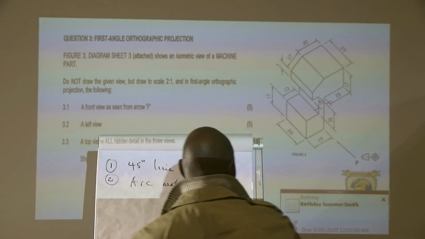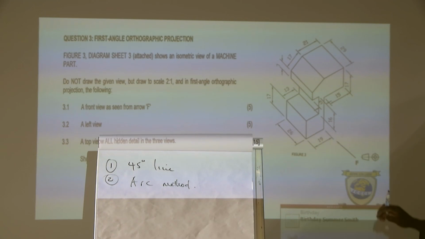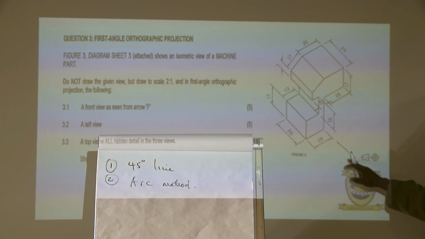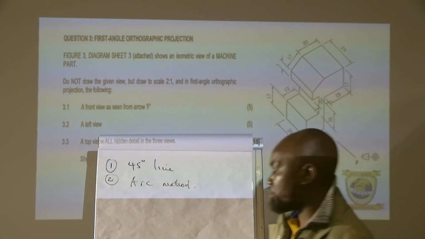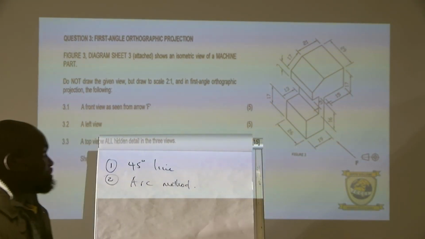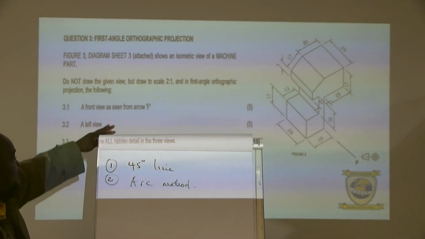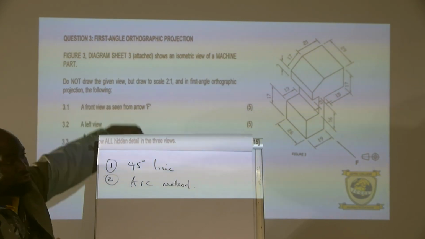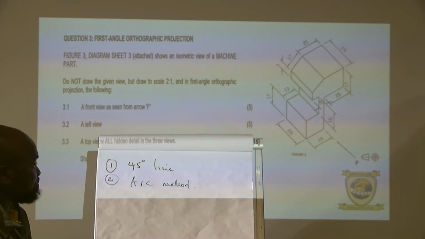That's one thing that we need to decide on, which to use. Then if you look at the orthographic symbol that we are given, it is in first angle orthographic projection, and that is exactly the same angle that we have been asked to give the views.